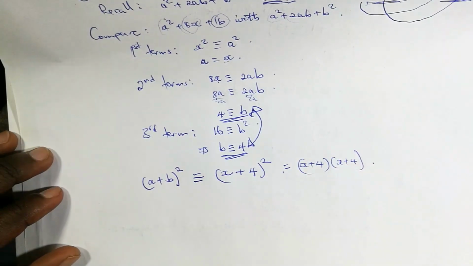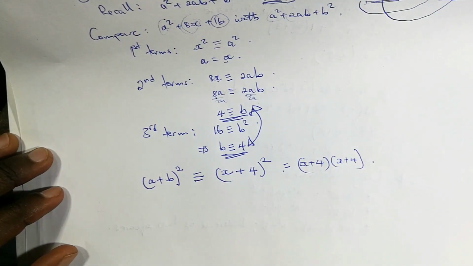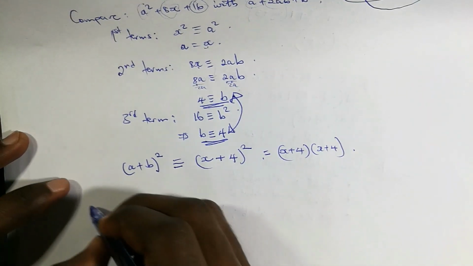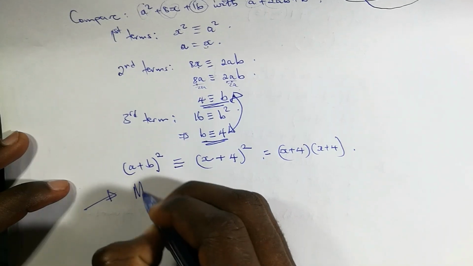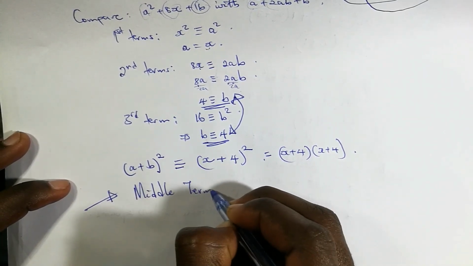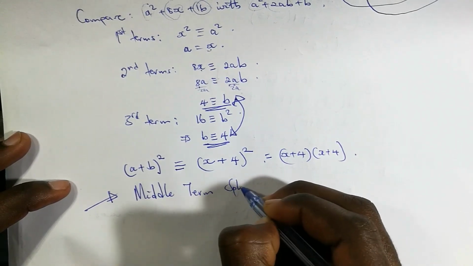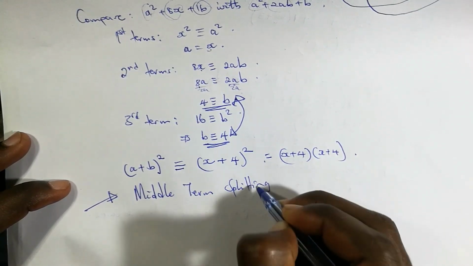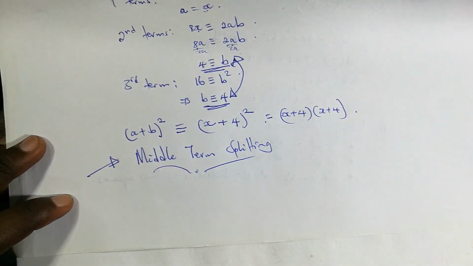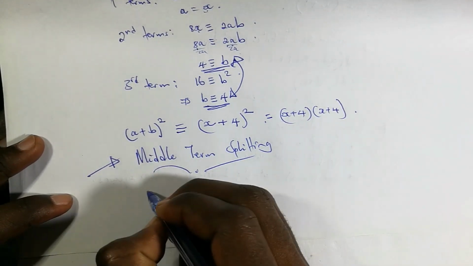Now we are going to check another method, which is splitting of middle terms. For middle term splitting, let me say I have x squared.